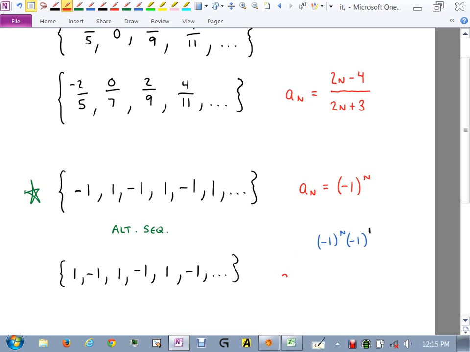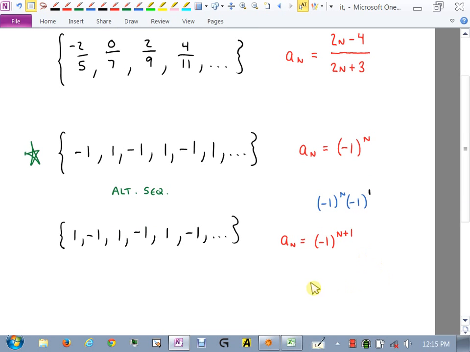So use this instead: a sub n equals -1 to the n plus 1. See, because now if I plug in 1, 1 plus 1 is 2, so my first one is -1 squared, which is positive. Then when I plug in 2, 2 plus 1 is 3, and -1 to the third is negative. Does that make sense?